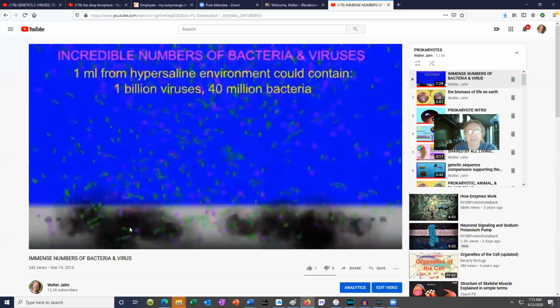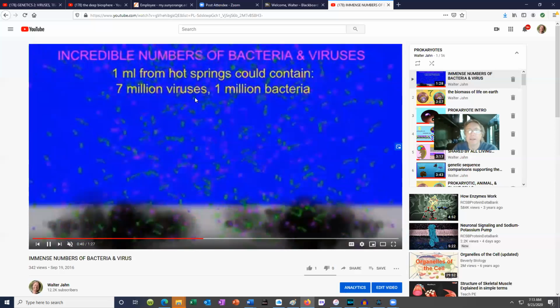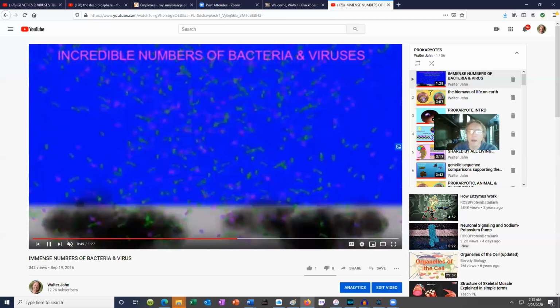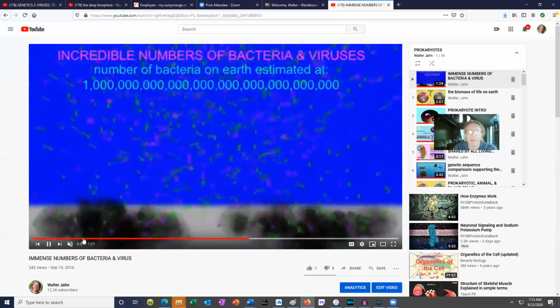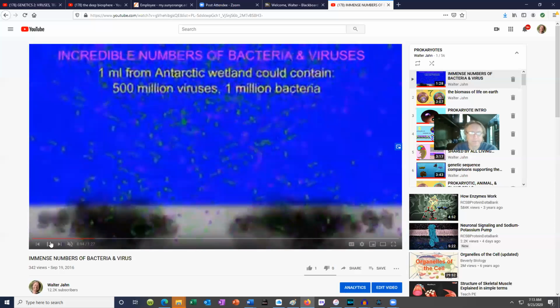Some geneticists study viruses, and there's a great deal which can be learned from viruses if you want to understand human genetics, or if you want to understand ecosystems in general. So the images here show a milliliter of water from sources throughout the world, and they have simply incredible numbers of bacteria, which will be the topic of the next video, and also viruses.